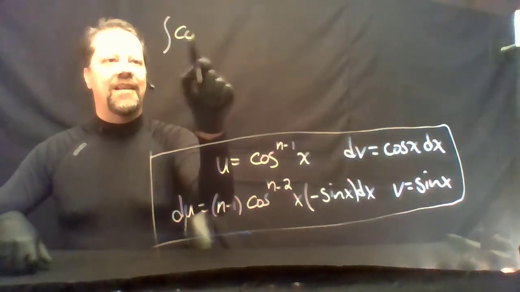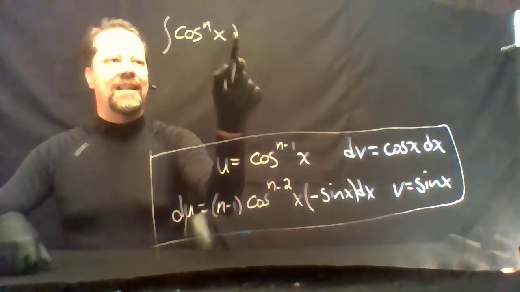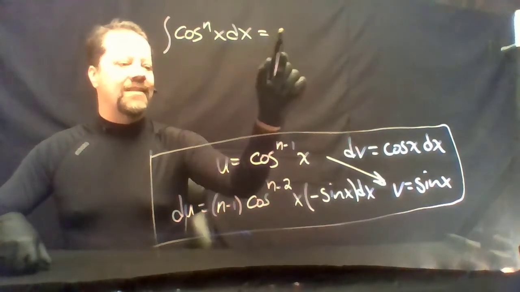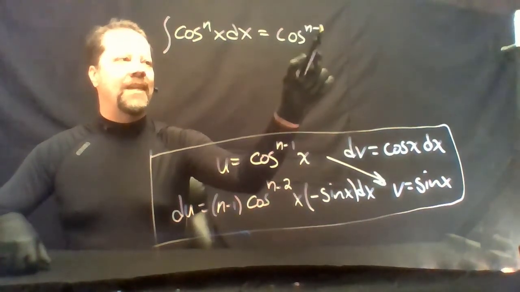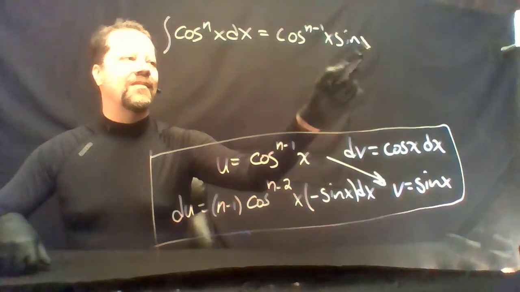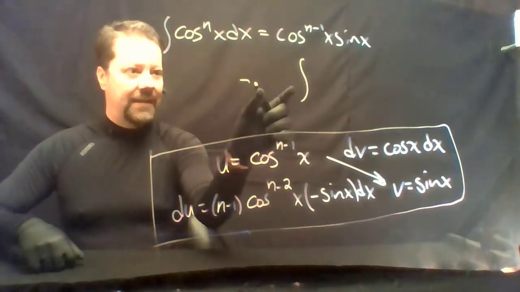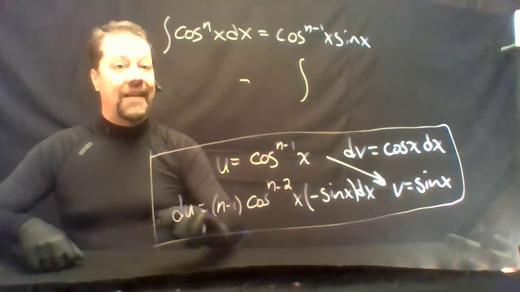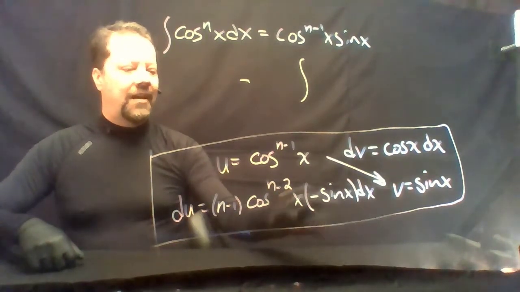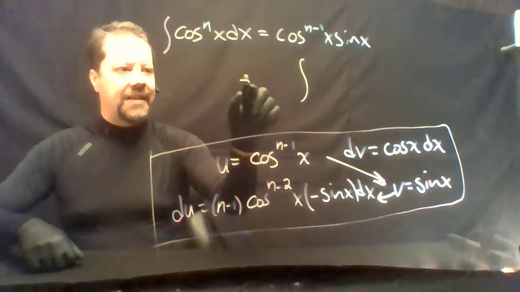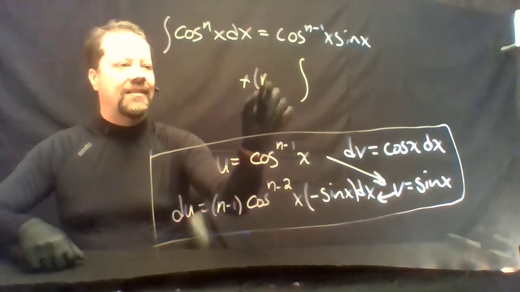We'll have the integral of cosine to the n x dx is uv, that's cosine to n minus 1 x sine x, minus the integral, I'll leave a gap because we have some things to bring out of the integral, of v du. We have a negative, so that's going to become a plus.